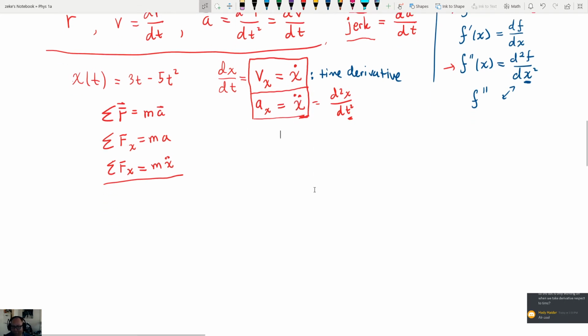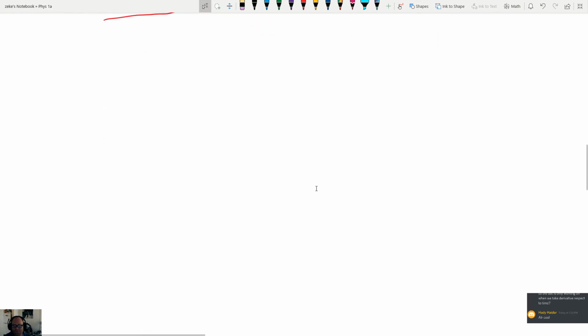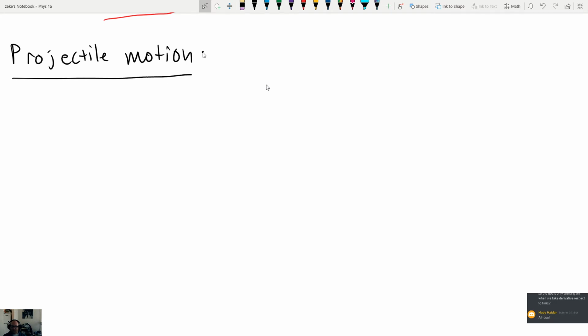I'm not sure though. Okay, so now we want to talk about projectiles. So let's define what a projectile is. This is basically anything that gets thrown through the air, and it falls under its own weight.